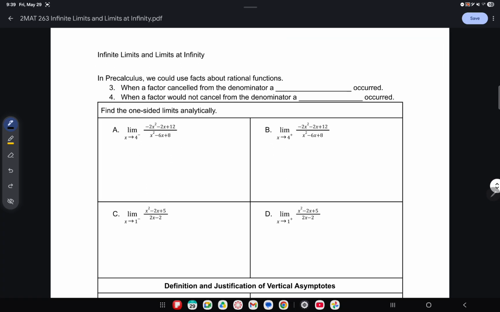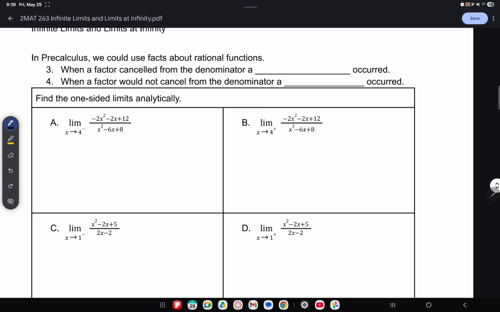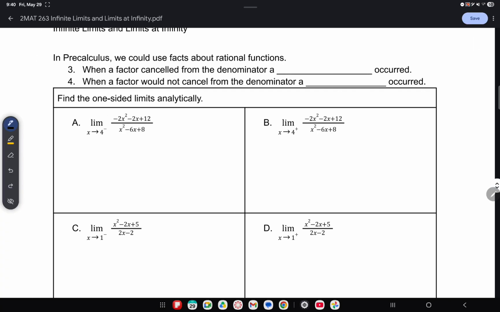All right, so in pre-calculus, we could look at rational functions and we could analyze them, right? If we could factor the numerator and denominator, and we either had things cancel or things that didn't cancel, they meant different things. So if something canceled, we would say there was a hole in the graph.